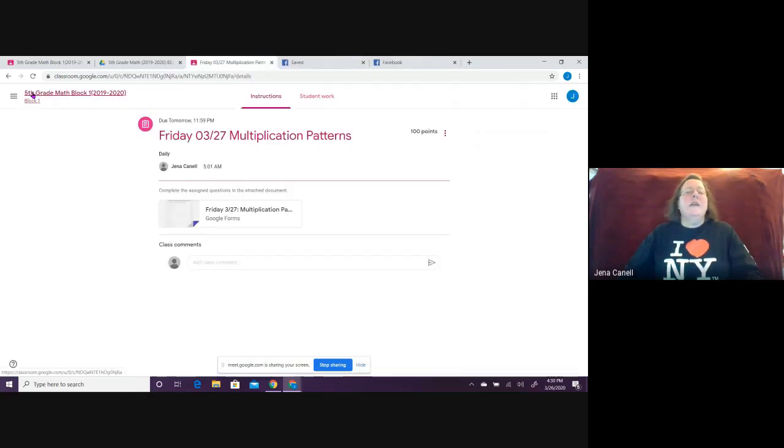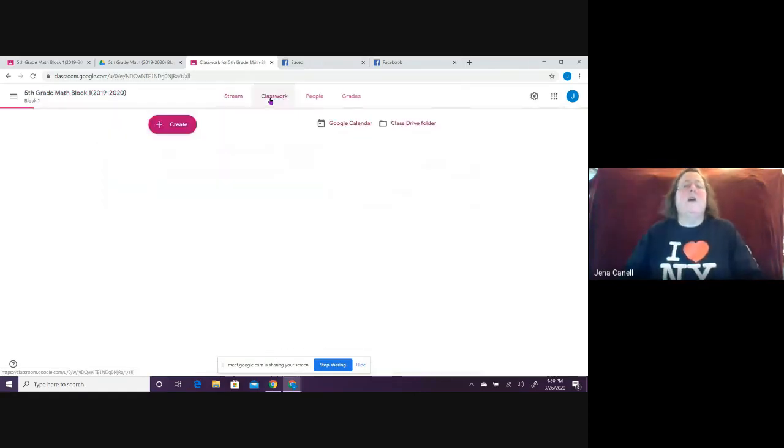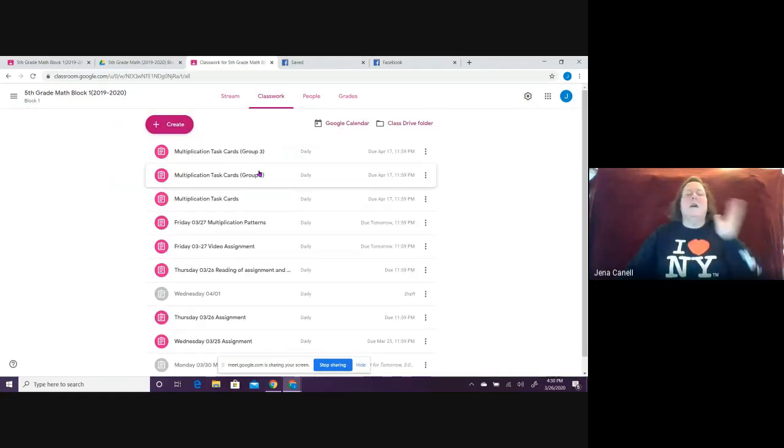You'll also notice that in the classwork, although I've just done block 1 so far, for block 2 and 3 later this evening, I'll have them in. There are 3 sets of multiplication task cards. They're labeled with just multiplication task card. There's group 2 and group 3.